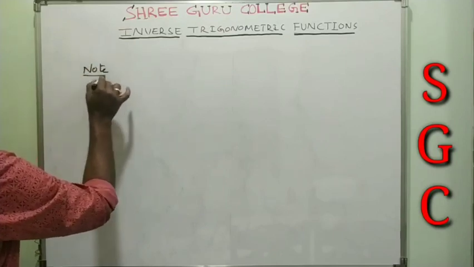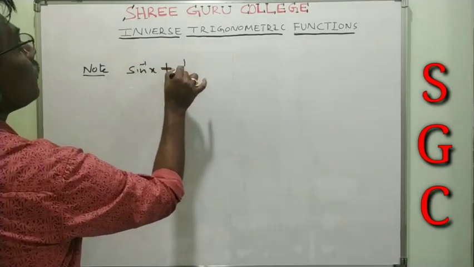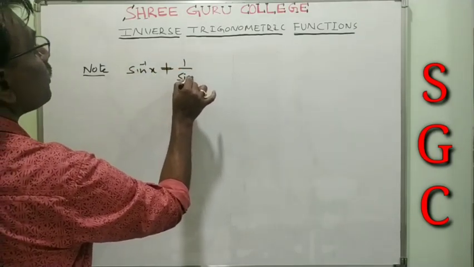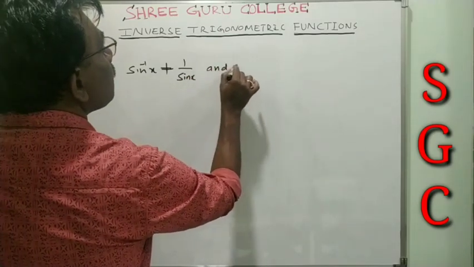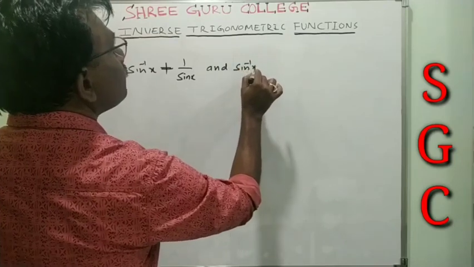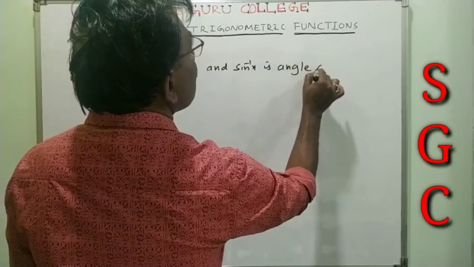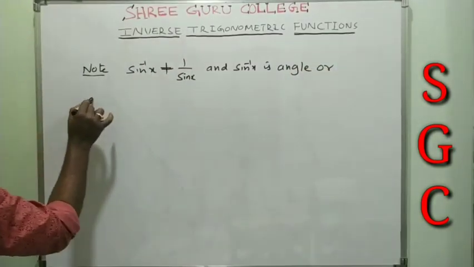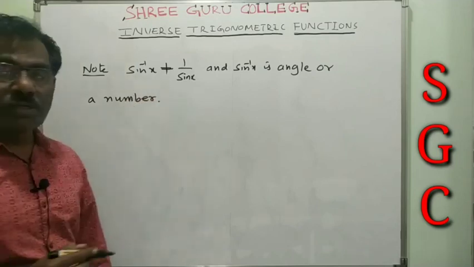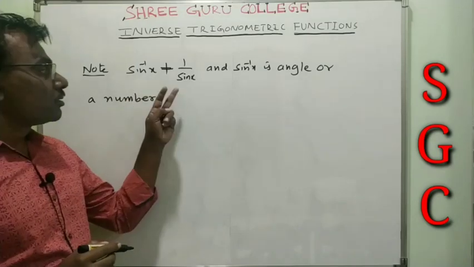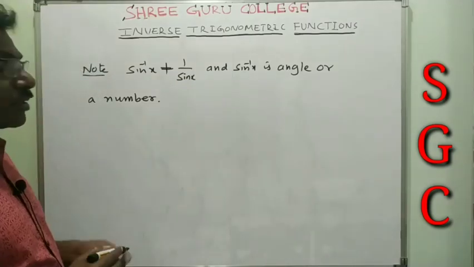Note: sine inverse of x is not equal to 1 by sin x, and sine inverse of x is an angle or a number.